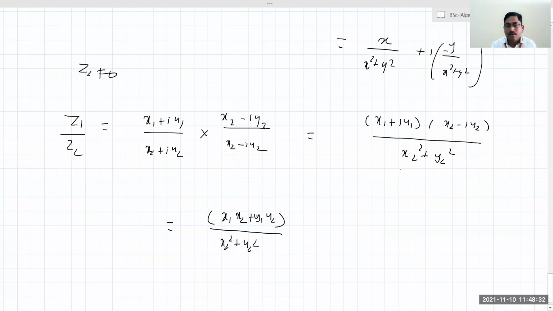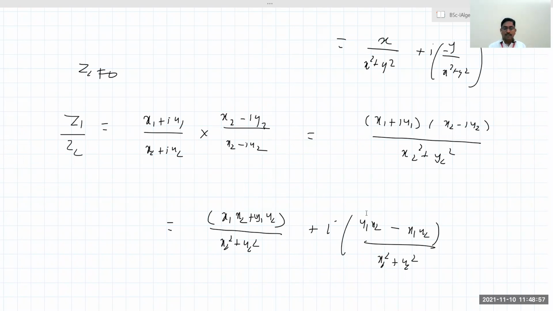Now we will decide what sign we have to write. I'll write the plus sign there and i common. It is y1x2 minus x1y2 divided by x2 squared plus y2 squared after taking the product.